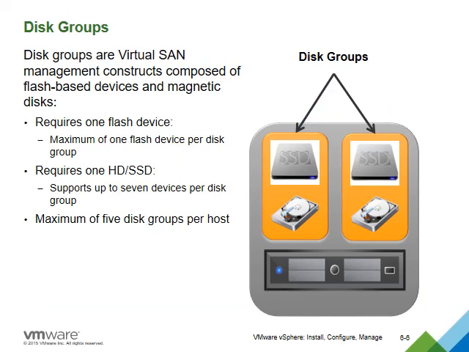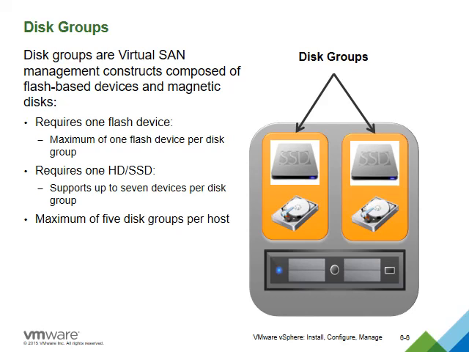Disk groups. Each ESXi host that contributes its local devices to a virtual SAN cluster, the devices are organized in disk groups. A disk group is a unit of physical storage capacity on a host and a group of physical devices that provide performance and capacity to the virtual SAN cluster.